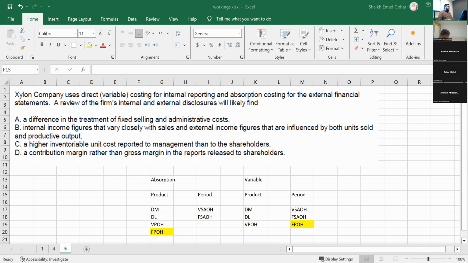But if you remember, in absorption costing we include something called fixed production overhead, and fixed production overhead is based on production units, not on sales units. That's why we call it production overhead.